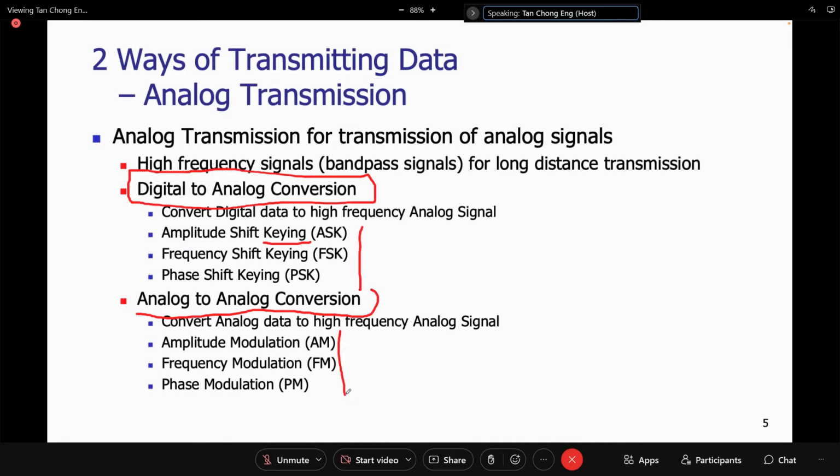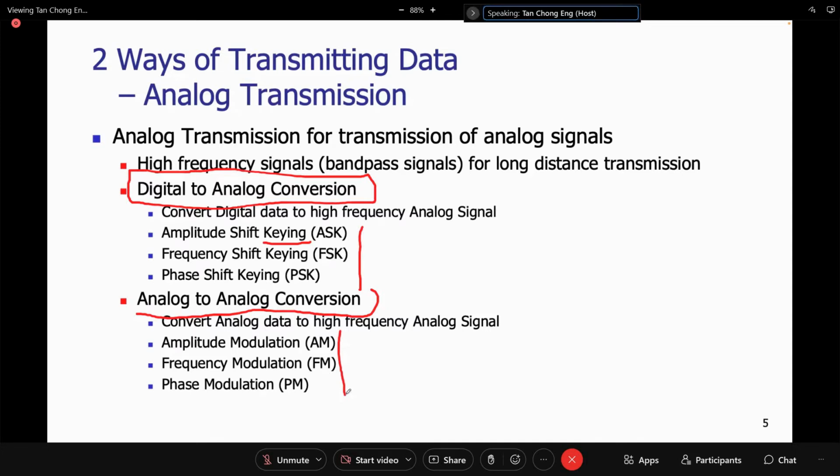The whole idea why people, at the end of the day, want to produce an analog signal is because an analog signal can travel a very long distance. For example, when you listen to an FM radio broadcast, your favorite radio channel, your favorite DJ, when they talk over the air, over FM, it is over a very long distance.